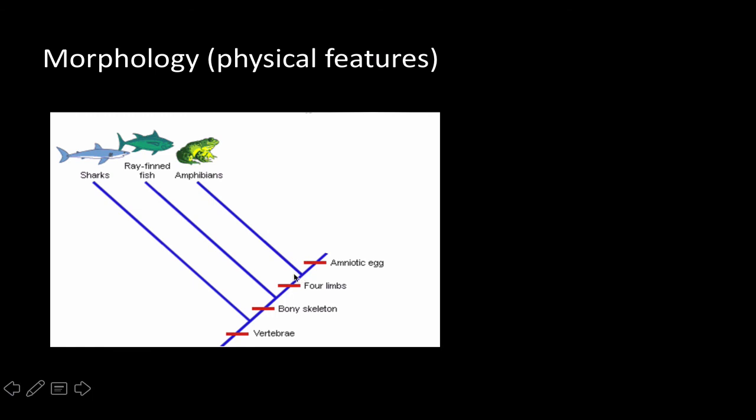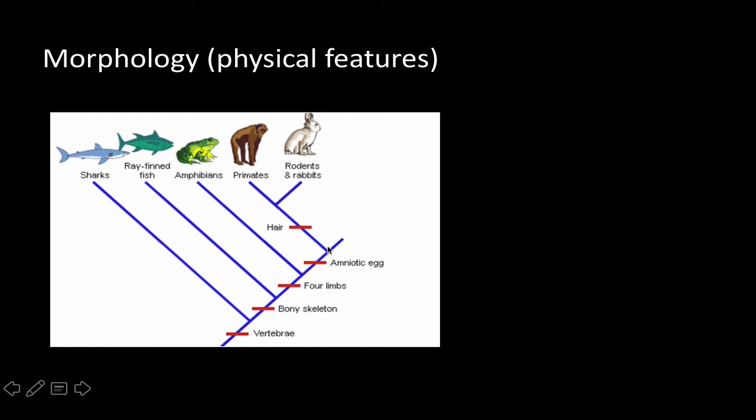So we continue on, speciation event, branches, one evolves into amphibians, the other continues on. At some point, they evolve the amniotic egg. The amniotic egg, any organism past that point will have the amniotic egg. So here we have a branching event, made a little bit more complicated here, but not much.